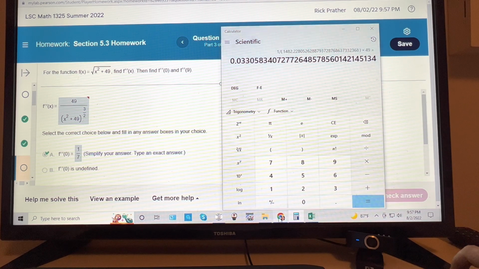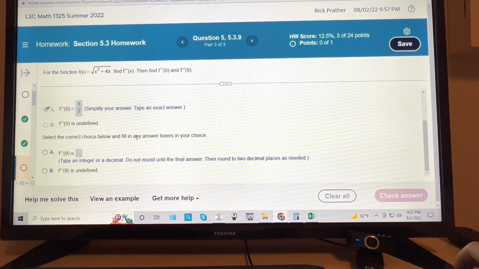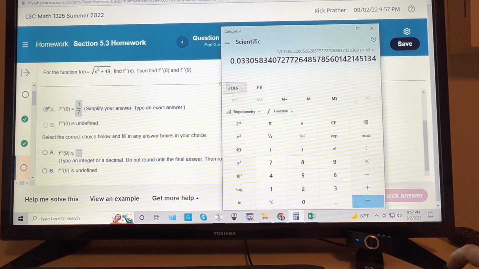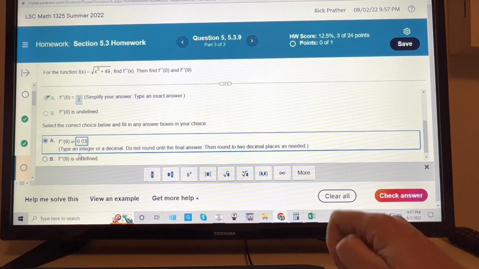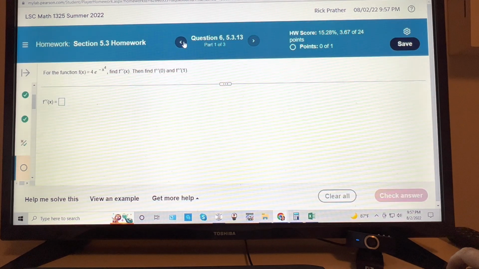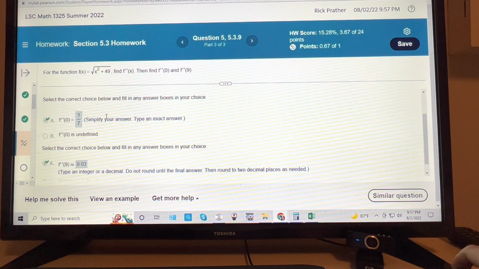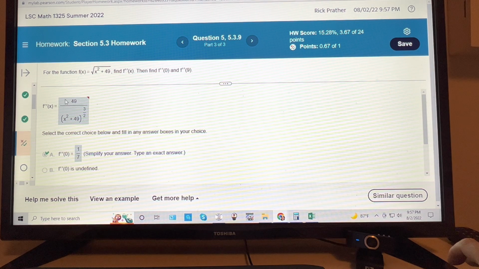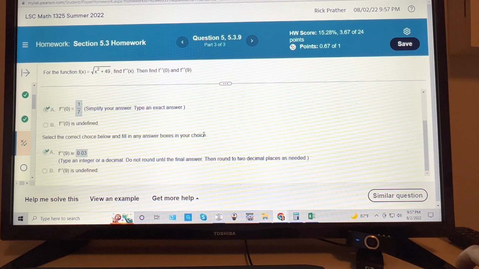And round to 2 decimals. So 0.03. Okay, so yeah, something's going weird on that problem. The numerator, I can't get that numerator to come out somehow.